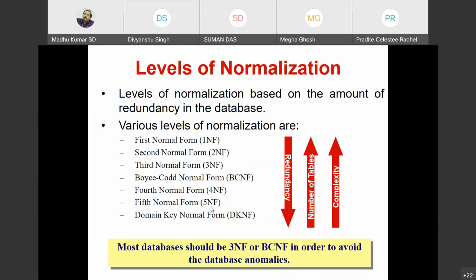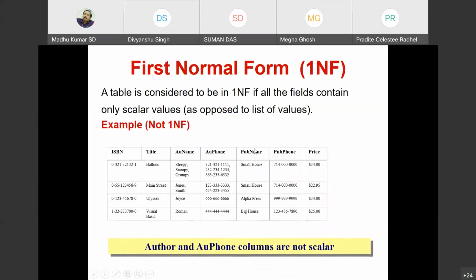In general, if you are targeting redundancy by splitting a table into smaller tables, you are increasing the complexity while reducing the redundancy level present in the table.